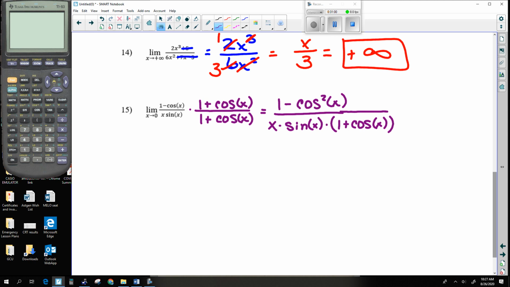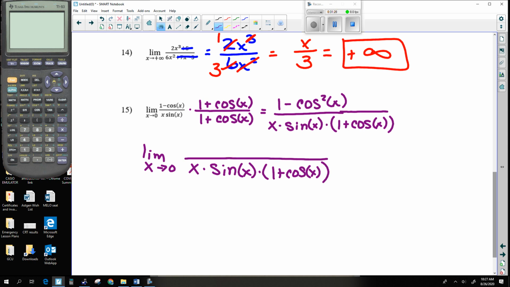The trig identity of the numerator is that it is a sine squared. Going to start a new line here, I'm running out of room. So this is limit as x goes to 0 of denominator x sine x and 1 plus cosine x, and the numerator is the trig identity of sine squared.